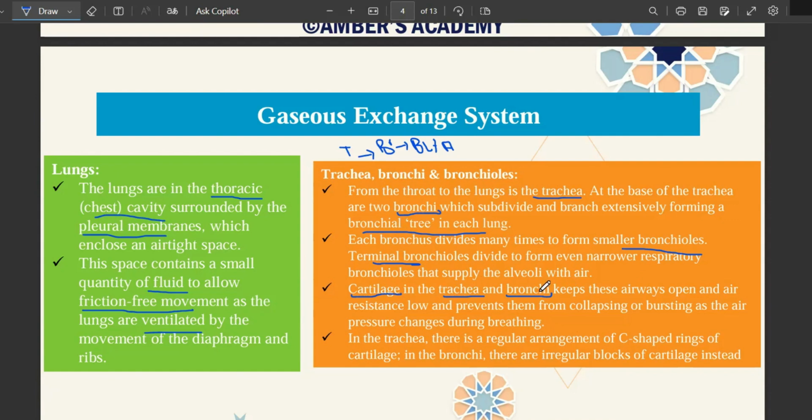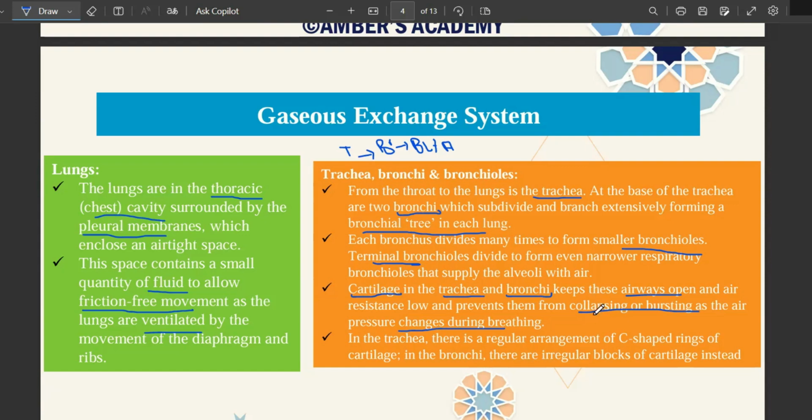Cartilage in the trachea and bronchi keep these airways open, and air resistance low, and prevents them from collapsing or bursting as the air pressure changes during breathing. So a question in P2 might come: why is cartilage present in trachea and bronchi? I haven't seen it so far in all the past papers, but this question might come.